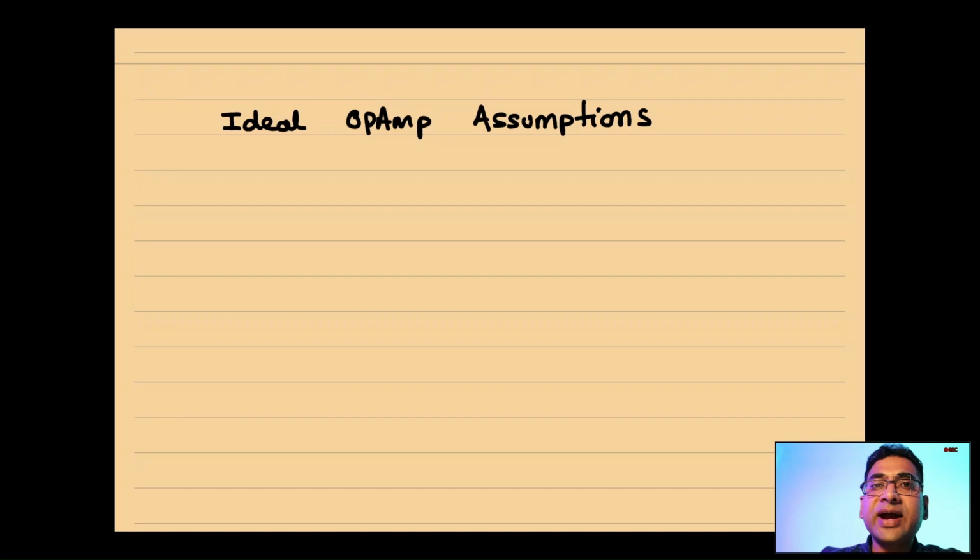Now we are going to look at an interesting topic called ideal op-amp assumptions. The textbook likes to call it by a different name: voltage and current constraints.